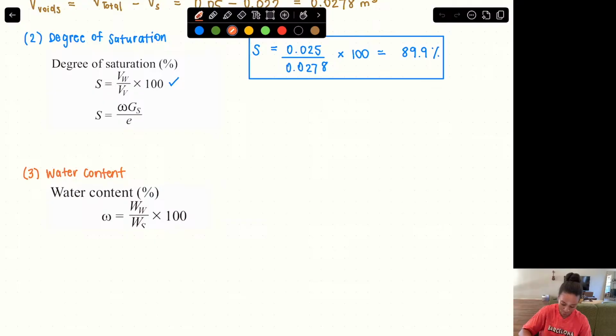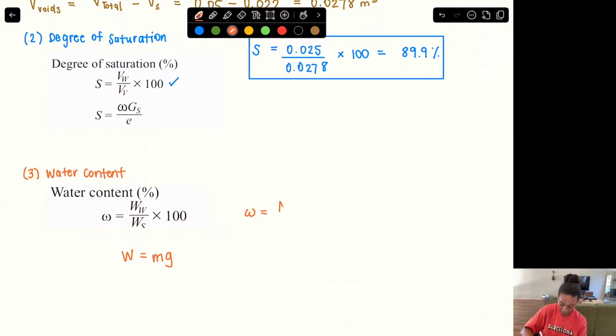But you can also do, so we know weight is the mass of something times gravity. So obviously the coefficient of gravity is going to be the same for both.